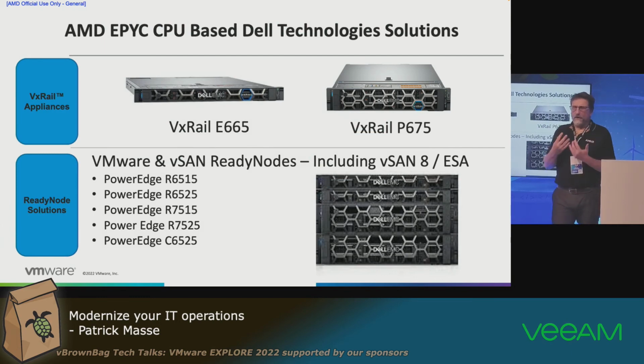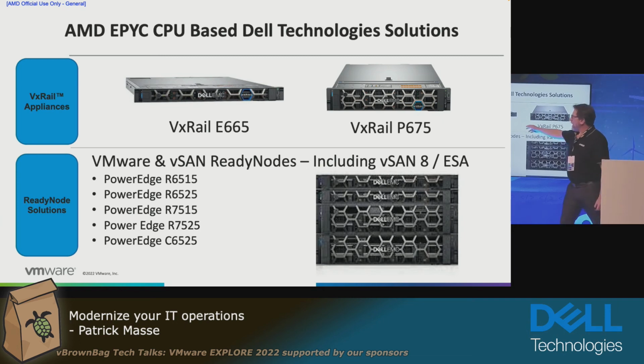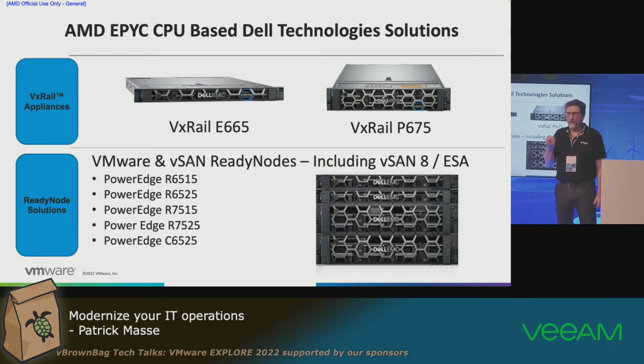So in terms of infrastructure, it's important for you to know that we are working with Dell in particular for that. We have the set of VxRail appliances that are based on AMD, and which are great in terms of single sockets. Thanks to our density in terms of cores that I mentioned previously, we are very performant with only one socket.